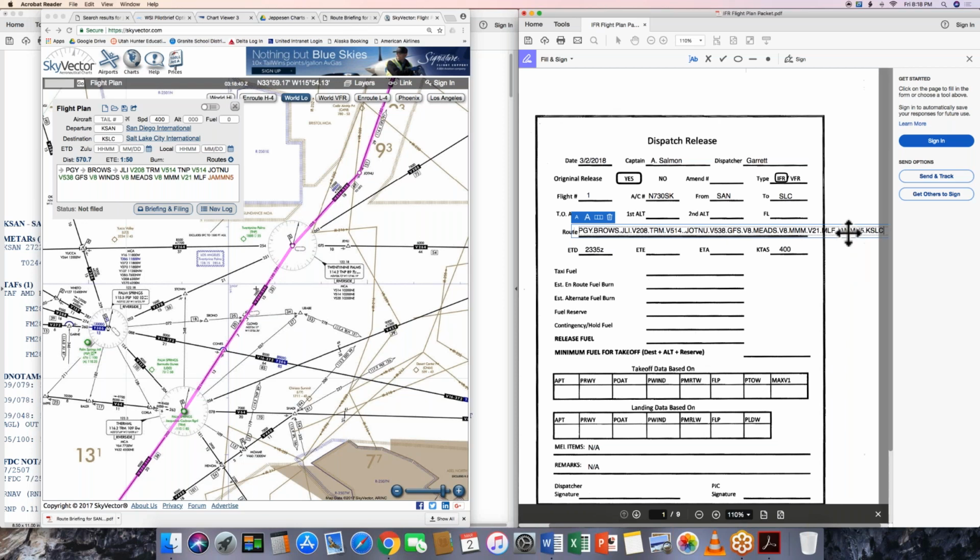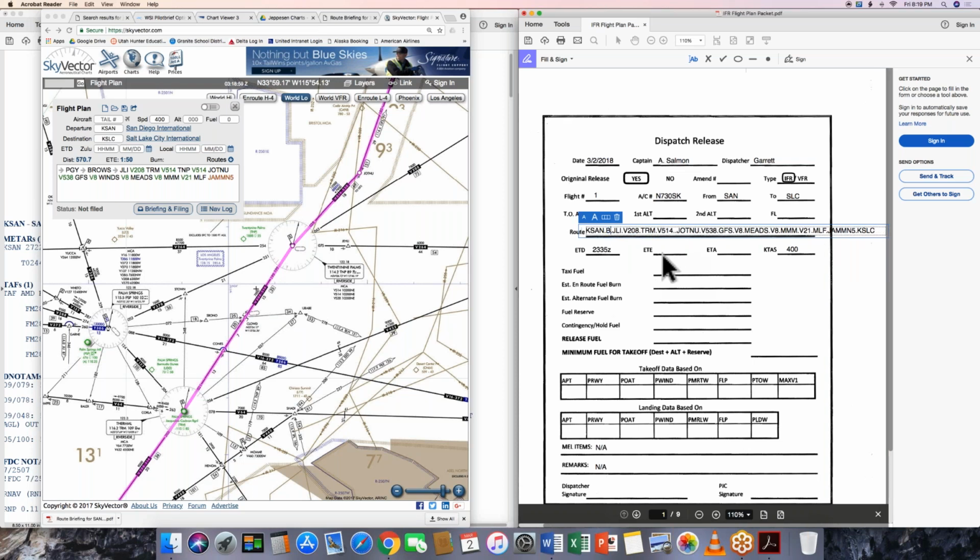So KSLC. Oh, we got to put a KSAN right here. So this part right here was the BRDR 7.